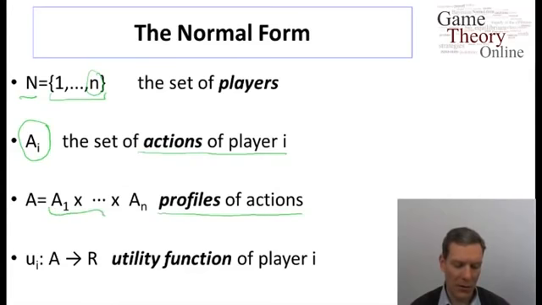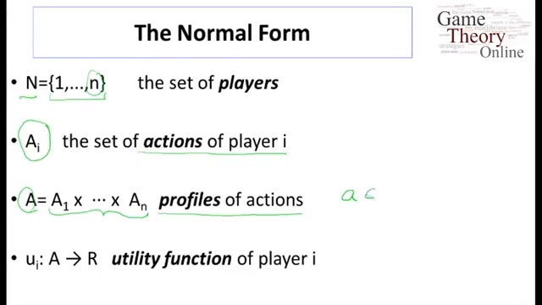So in particular, when we have the cross product of the different actions, we'll let A denote the full set of actions. So an element a in A would then be a specification of a equals what is player 1 doing, what is player 2 doing, all the way through what player n is doing. So it's going to be an n-tuple listing what every player does in the game.